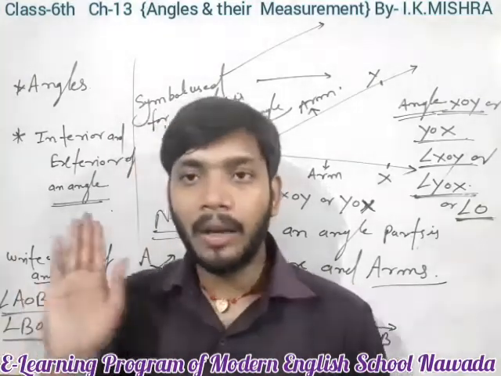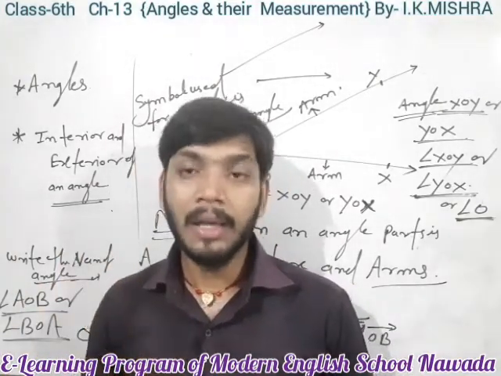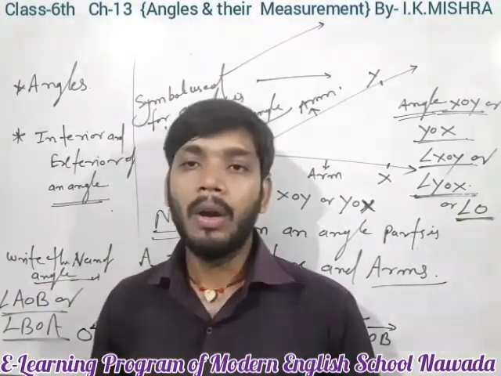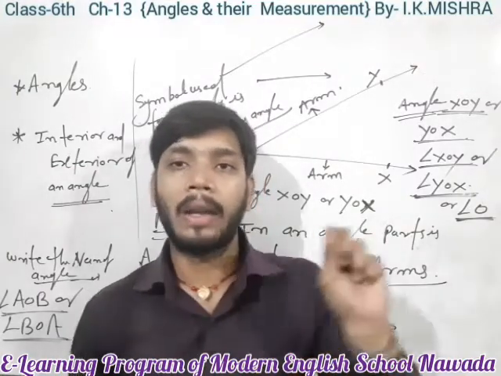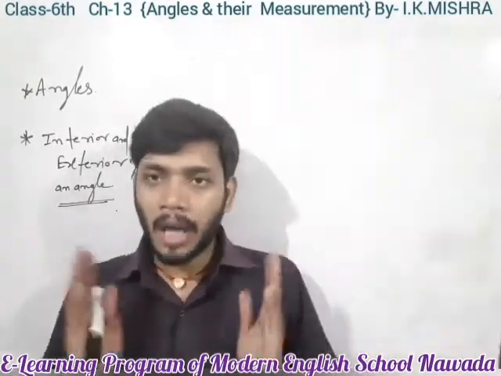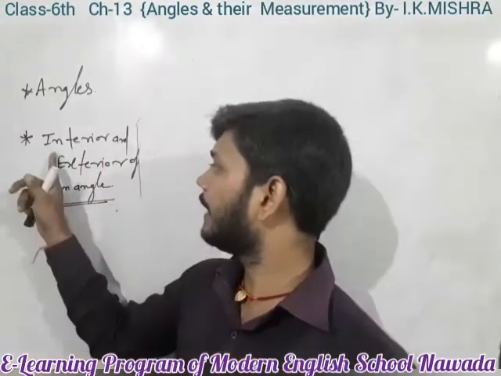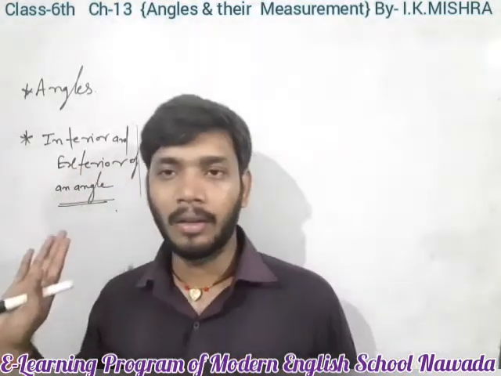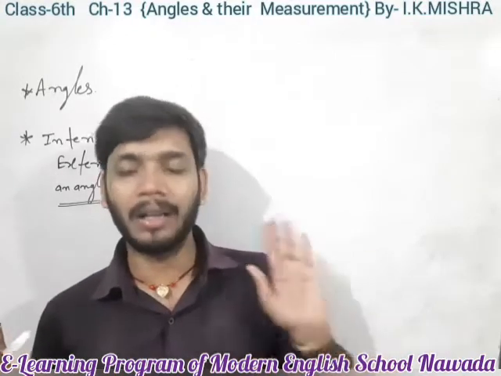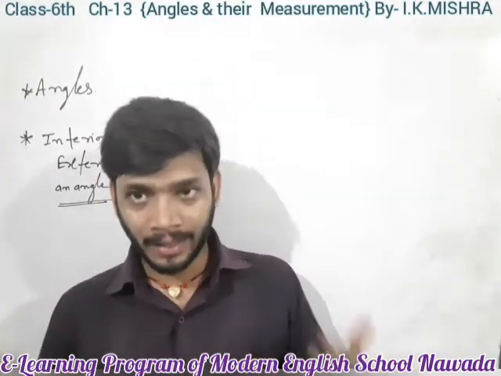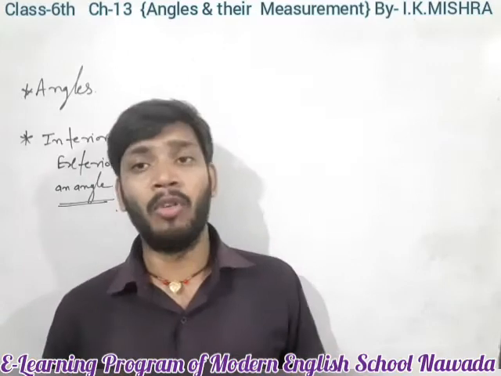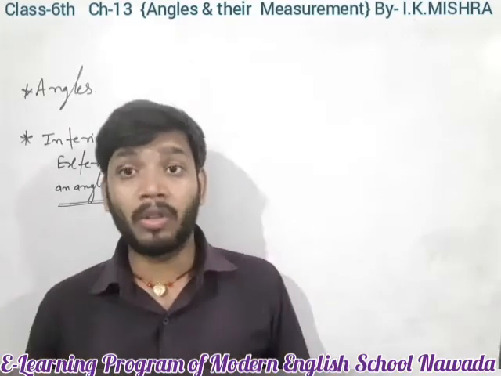How will you write the name of an angle? Clear? Now proceed to know what is interior or exterior of an angle. Now students, know about interior and exterior of an angle. Students, I think you already understand what is an angle, how to write the name of angles, and the parts of the angle.